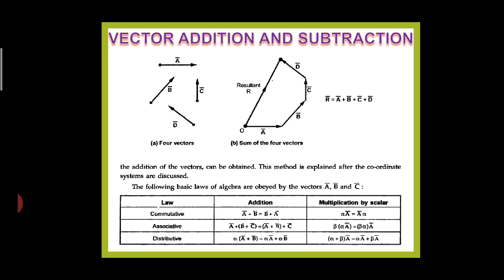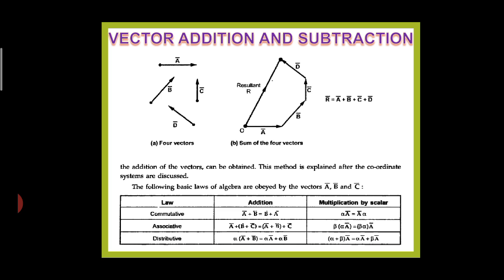The following basic laws of algebra are obeyed by the vectors A bar, B bar and C bar. The laws are commutative, associative and distributive. In addition, commutative: A plus B equals B plus A, and in multiplication by scalar, alpha A bar is equal to A bar into alpha.